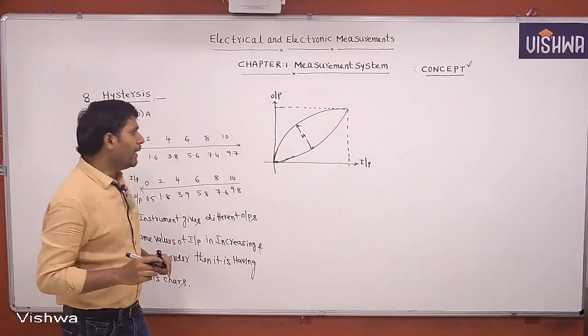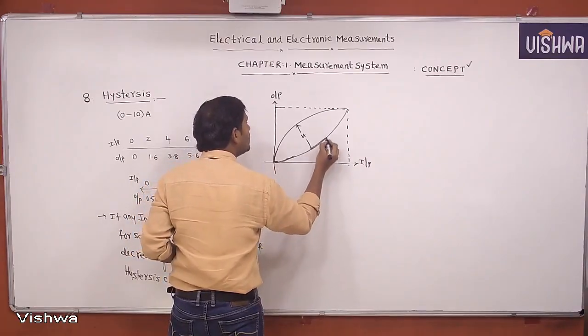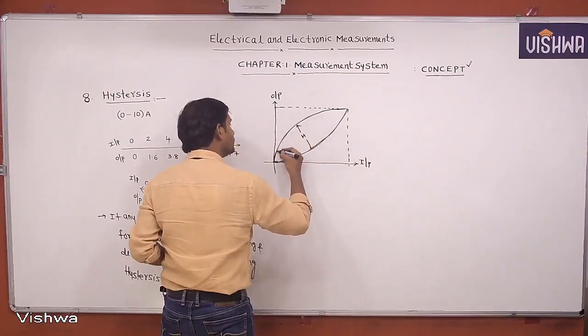This is the output values in increasing order. This is the output values in decreasing order.